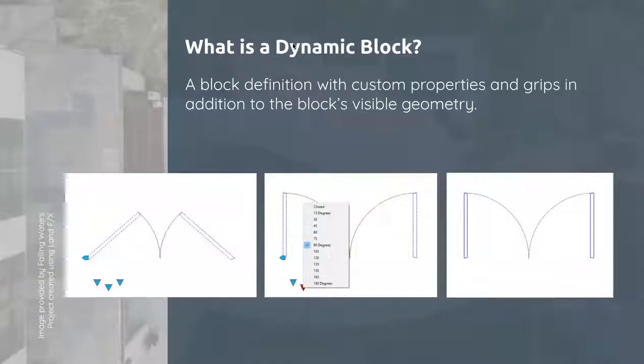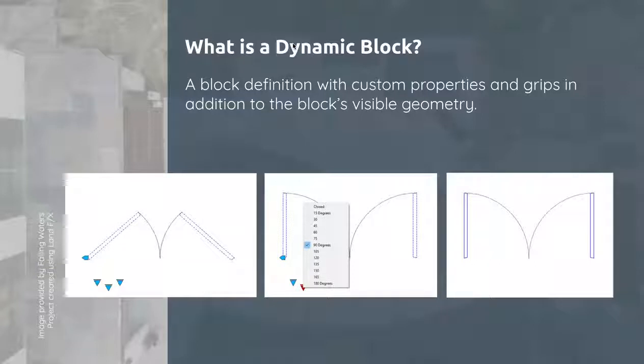But what is a dynamic block? A dynamic block is a block that has an additional set of rules that allow the block to take on extra properties, which can then be set after the block is placed. Changing these properties of the block will not affect other blocks of the same definition, as all the blocks have those extra rules applied to them as well.